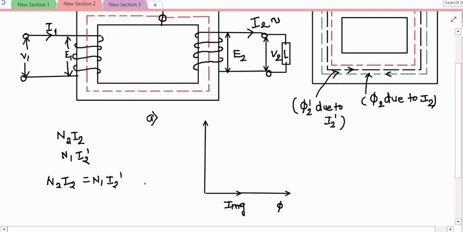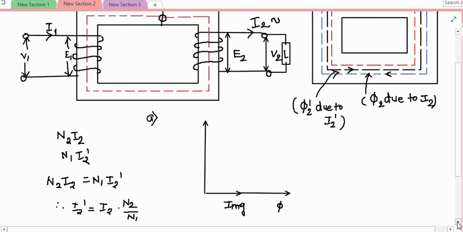I2 dash is nothing but the additional current drawn by the primary winding, which is also called the load component, which will neutralize the MMF produced by the secondary current, right? Hence, from this equation, I can write I2 dash equals I2 into N2 by N1.